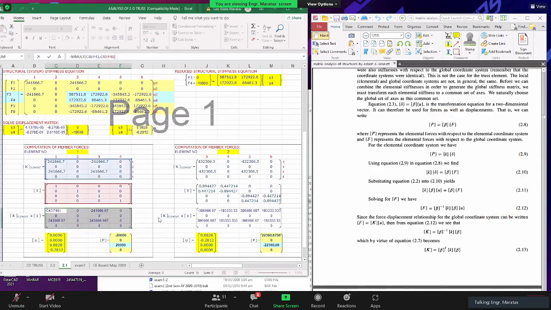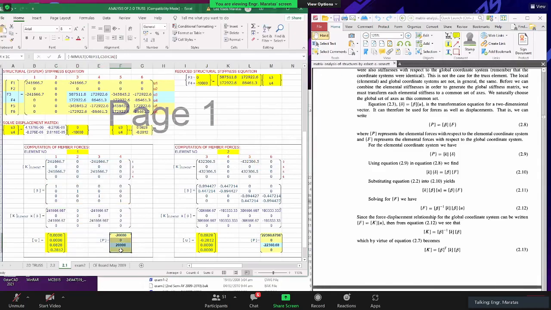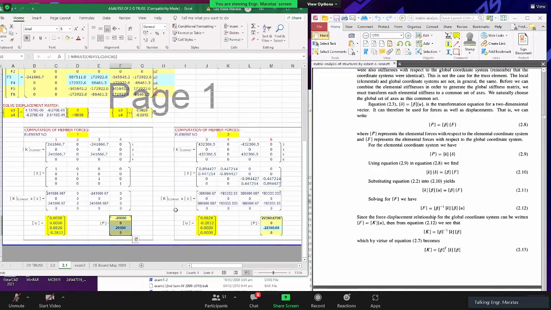And this is our force matrix, the product of these two. So it's simply K beta U, no? The same here for member 2. And this is now our member forces. Okay?